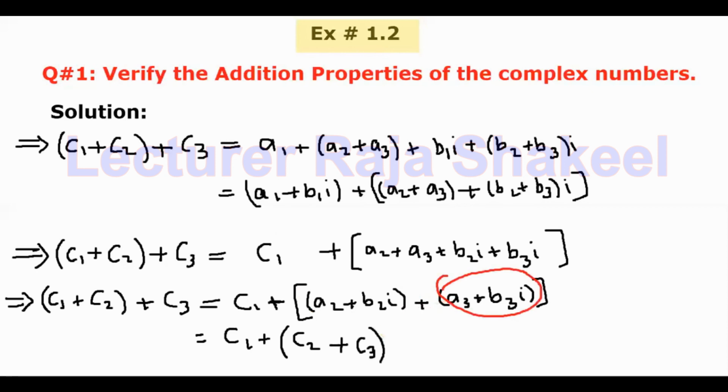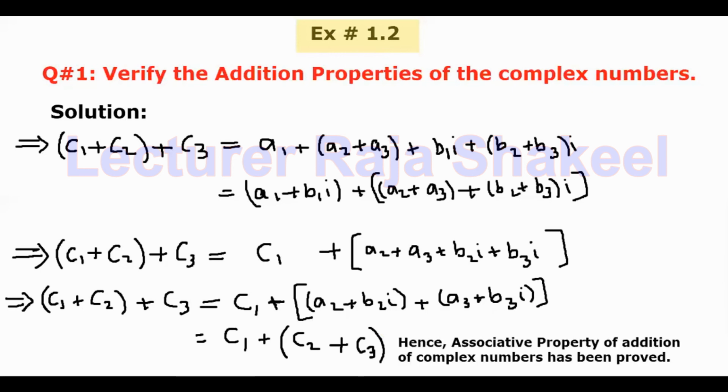You can see that we have changed the arrangement: at first we had been solving c1 plus c2 and then adding it to c3, but now we have the result c1 plus c2 plus c3, where c2 and c3 are added first. Hence we can say that the associative property of the addition of complex numbers has been satisfied.